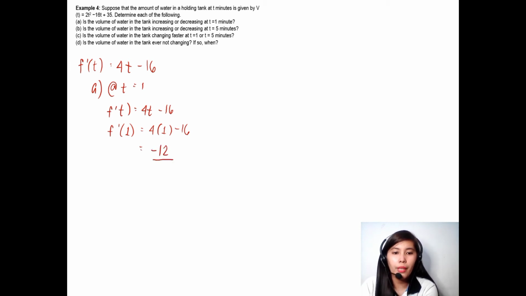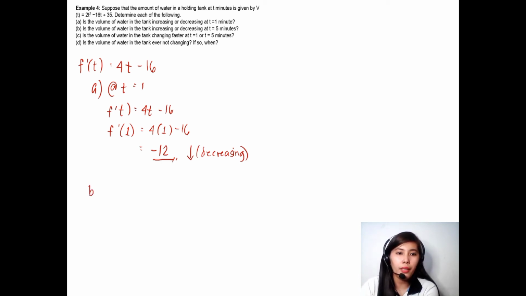Since we have a negative sign, that means our volume is decreasing. Of course, a positive sign means increasing, and a negative sign means decreasing.